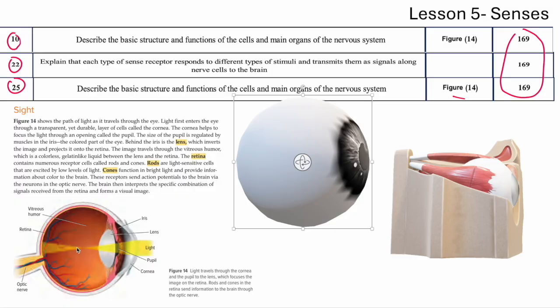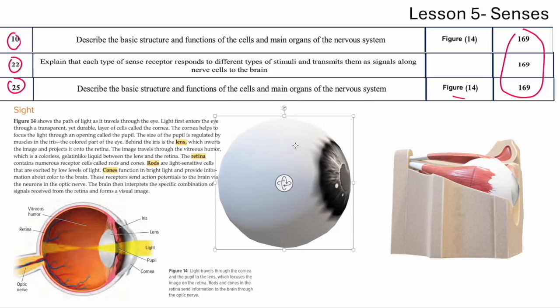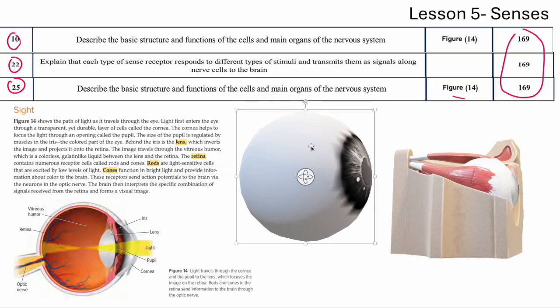This light falls and creates an inverted image on the retina, right? The backside part inside the eye is called the retina. And this white part you are seeing is the sclera. And behind the lens, inside the eye, you can see the colorless liquid. It is called the vitreous humor.